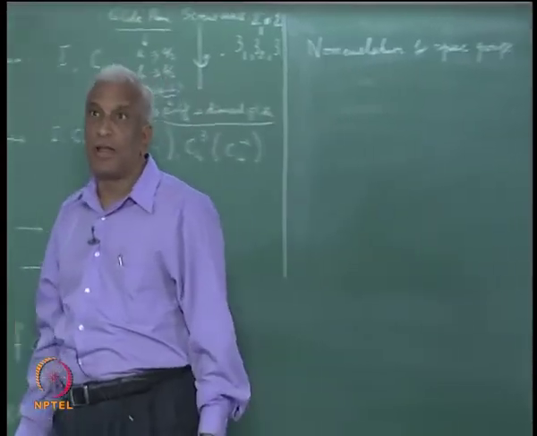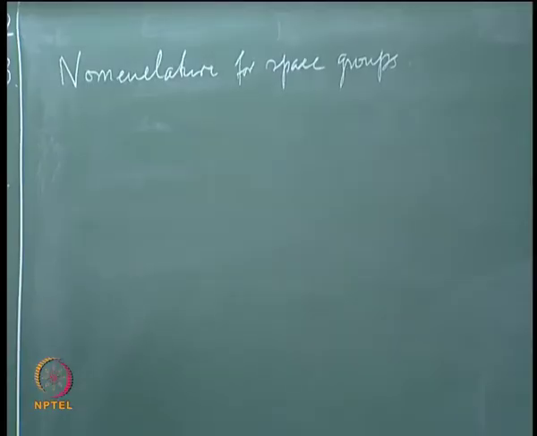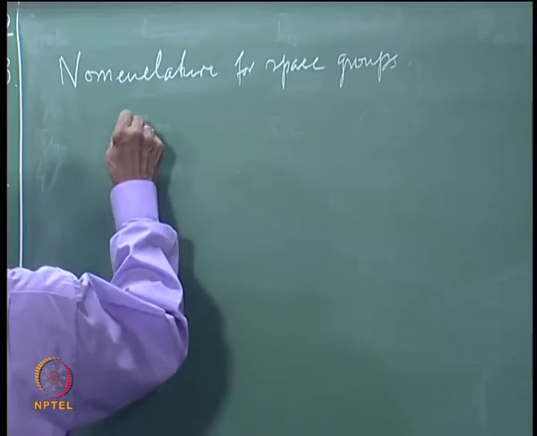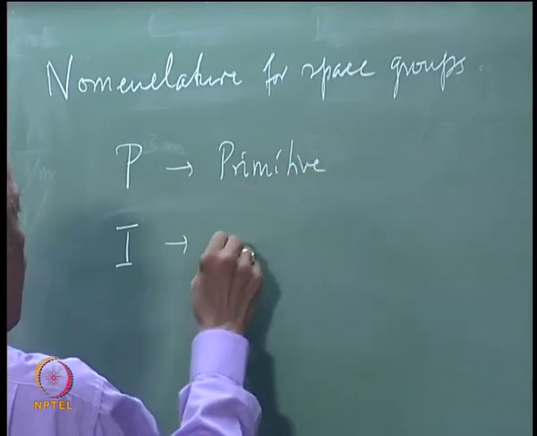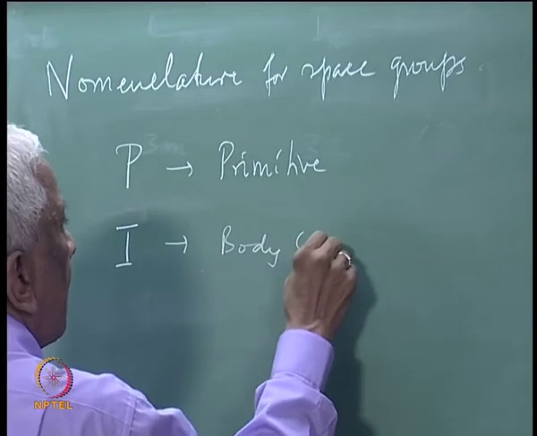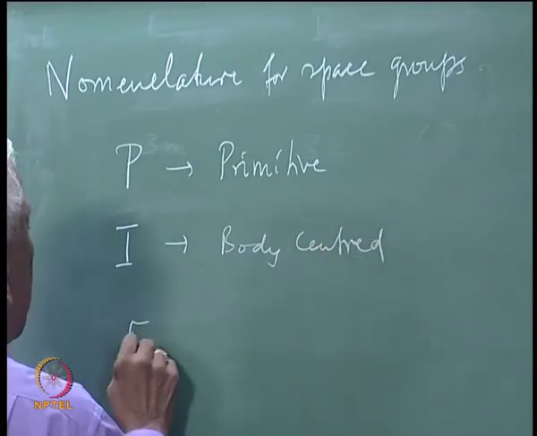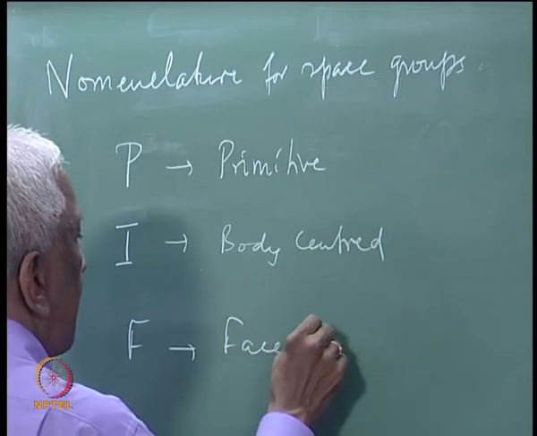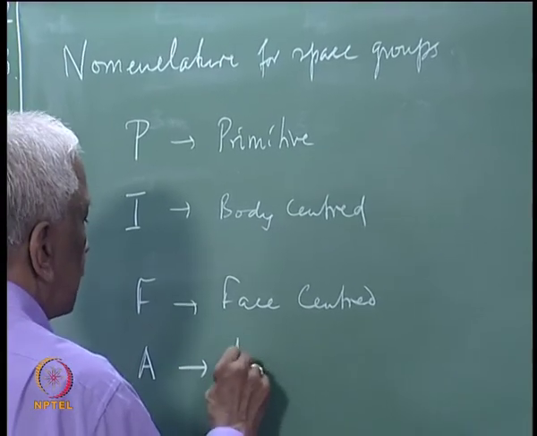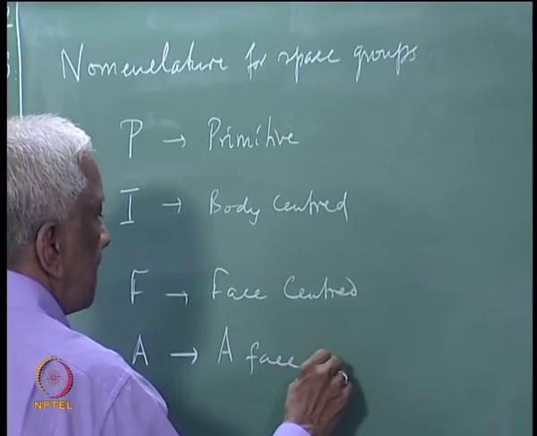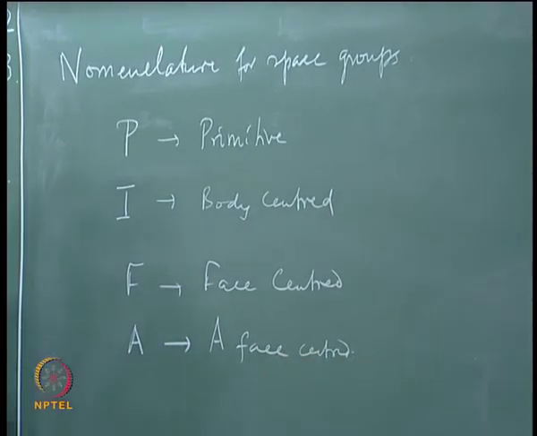The symbol for a given space group, the first letter stands for the type of lattice. For example, whether it is a primitive lattice or a body centered lattice, face centered lattice, or an n face centered lattice, for example, A face centered, and so on.